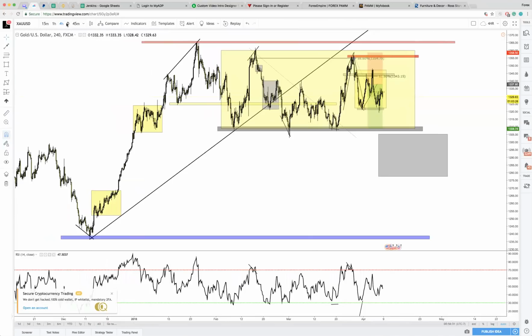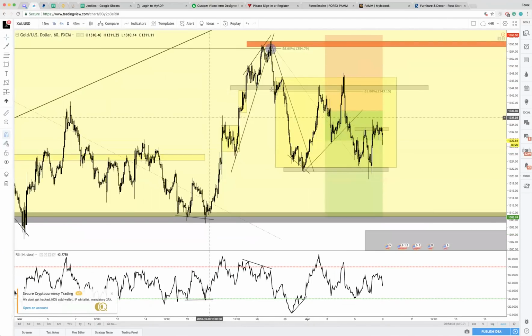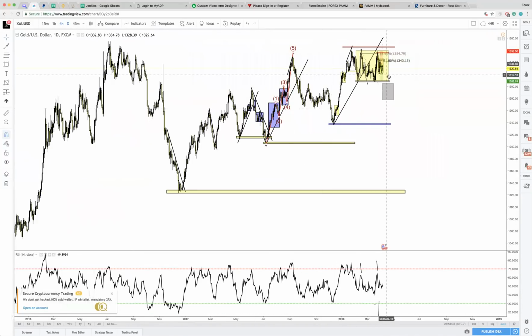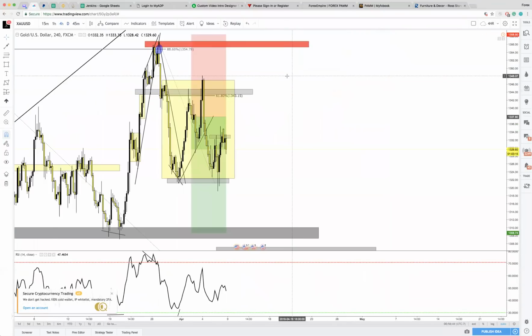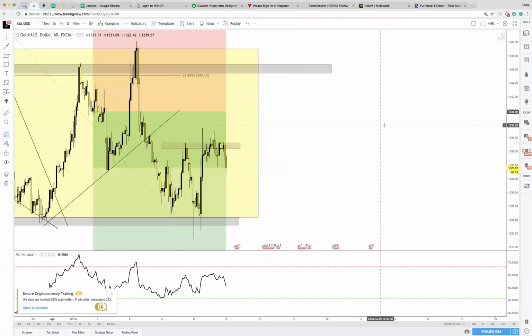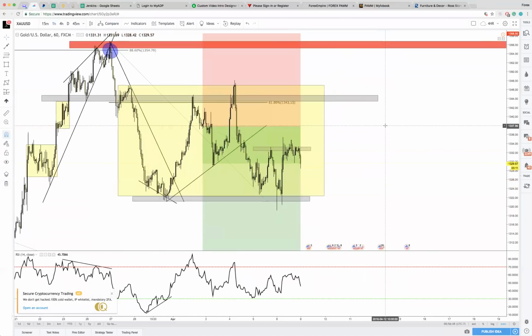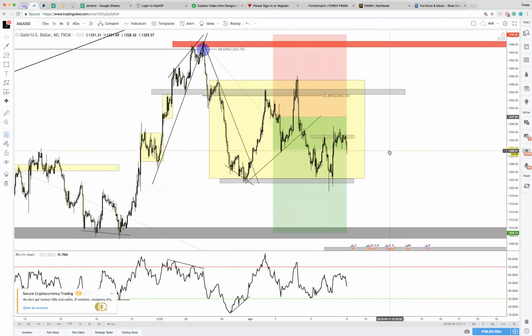But overall, what I see on a smaller time frame, right here, in a smaller time frame, it's still a nice trade. It's a nice sell. So how many pips are we in profit on that one? Let's see.